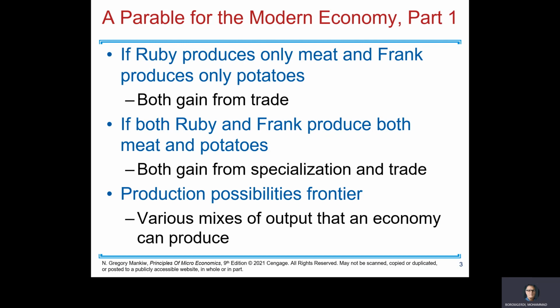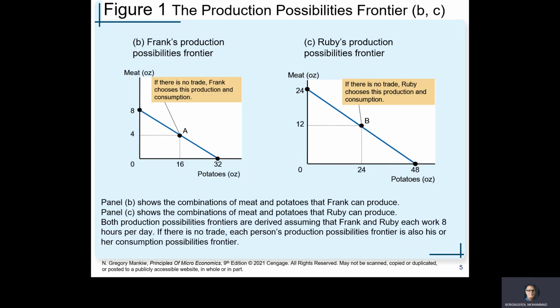Let's look at the chart here. Frank, on panel B, if he devotes 8 hours a day just to these two products, potato and meat, his production possibility frontier curve is going to be like this.